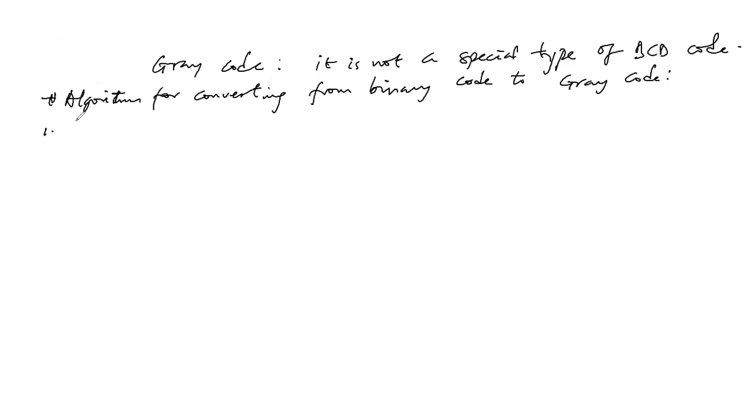The first thing here is that the left bit is the same in the gray code as in the binary.